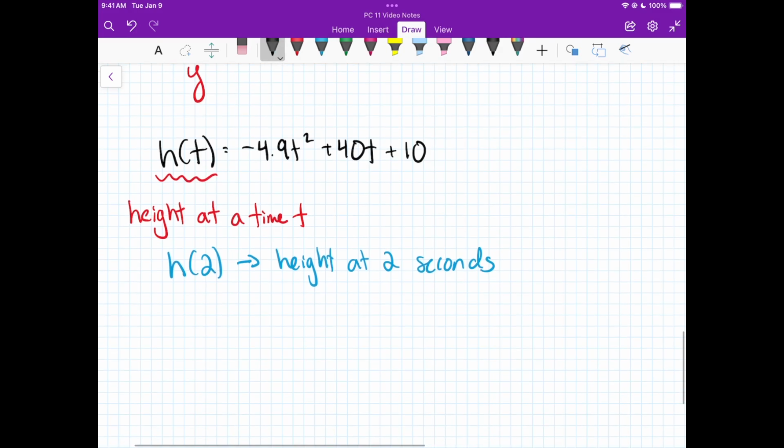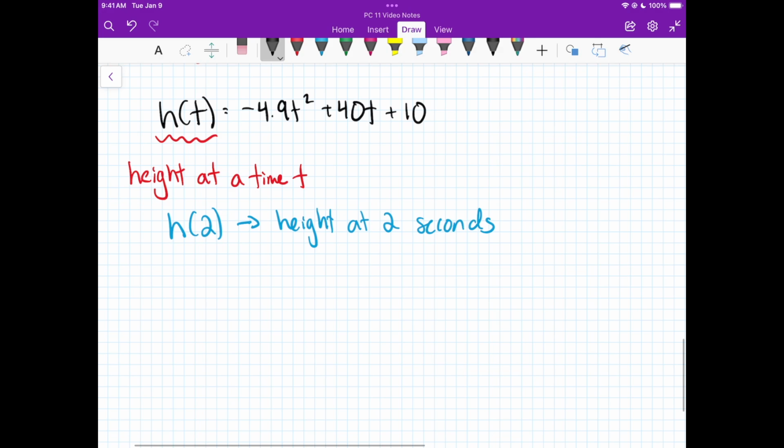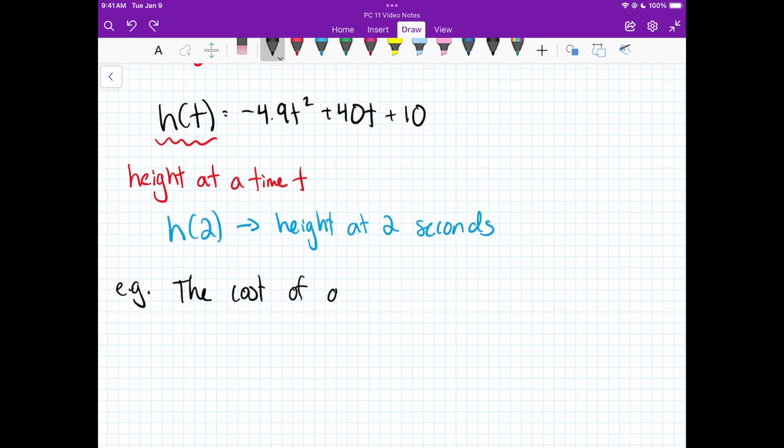So one last thing, using function notation, but also just kind of refreshing some skills. I'm just going to throw a word problem in here for you to try out quickly. So we've got the cost of some kind of product. Doesn't really matter what.